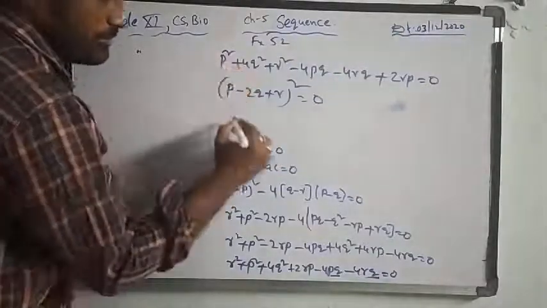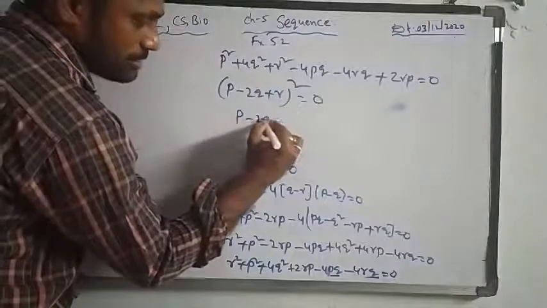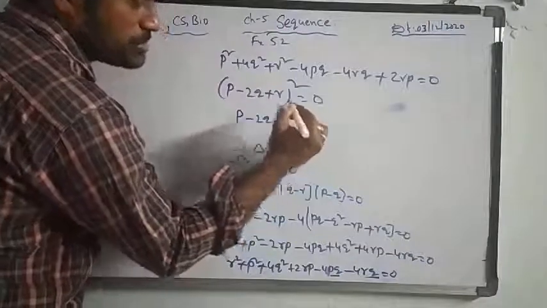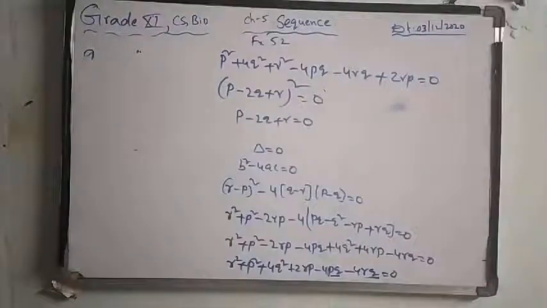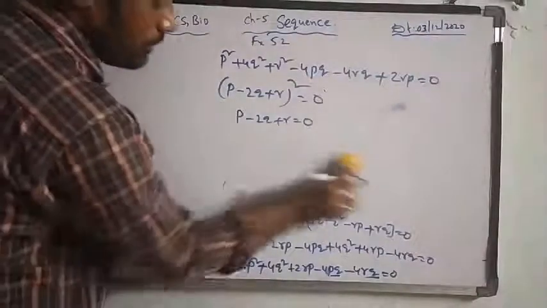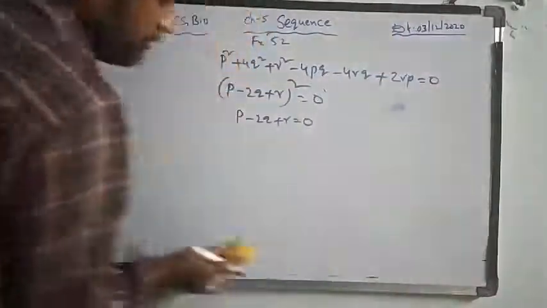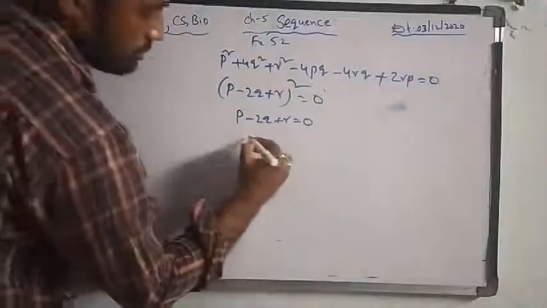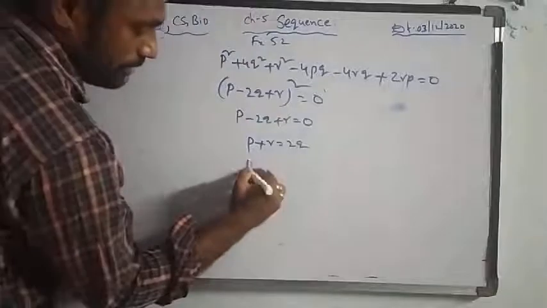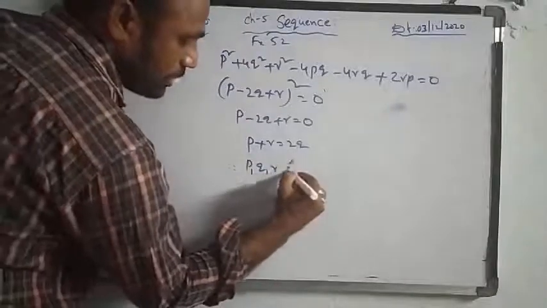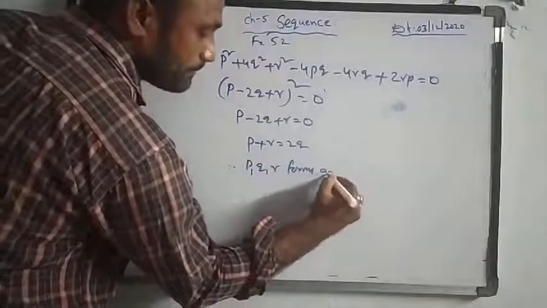This is the total format. So therefore p minus 2q plus r is equal to 0. If I transpose the square to the other side, it becomes root of 0, which is 0 only. So p plus r is equal to 2q. Therefore I can say that p, q, r form an AP.